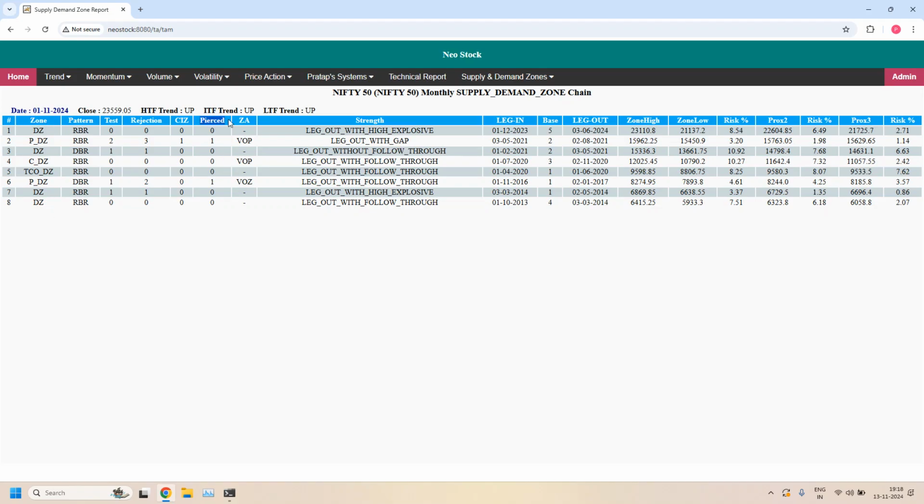Look into the pierced column to find any pierced zones, and also look into the LTF trend to check the trend of the current time frame you have selected. Current time frame is always LTF. Always apply these rules for the other reports also. And also don't forget to pause the video when you are shifting from one report to another report, because I am giving you only a few seconds.